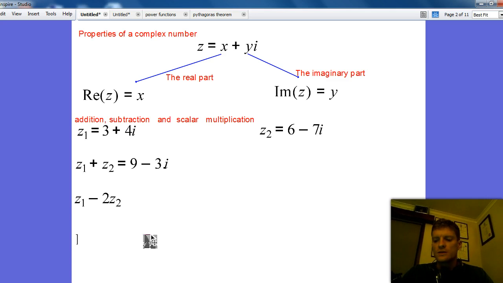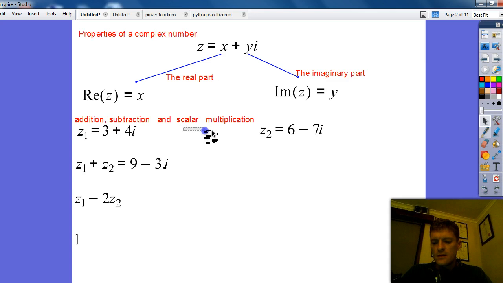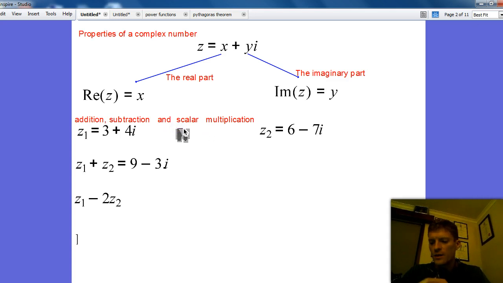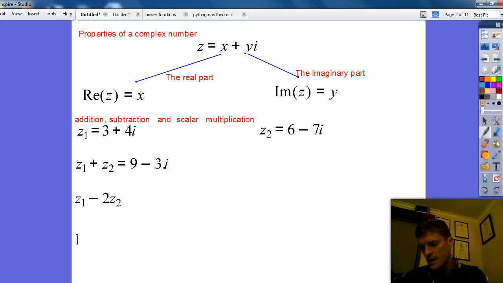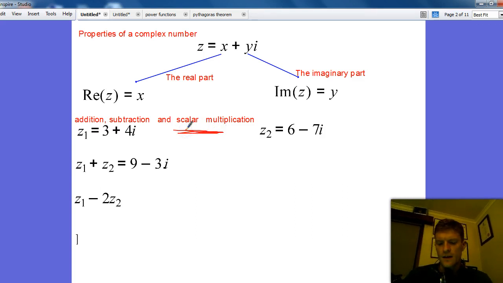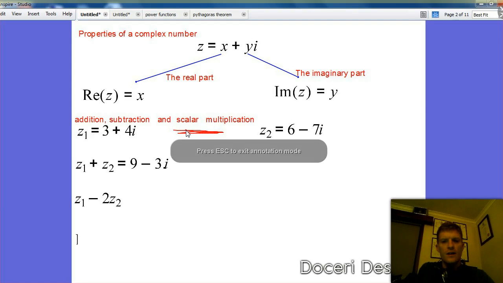Now this is what we call scalar multiplication, and this is a multiplication that is not multiplying complex number by complex number, but by some constant like the number 2. Scalar multiplication. So how are we going to approach this one? It's again straightforward as before.